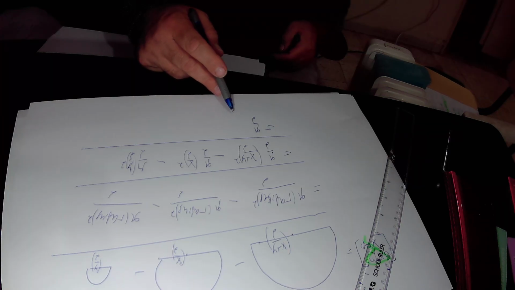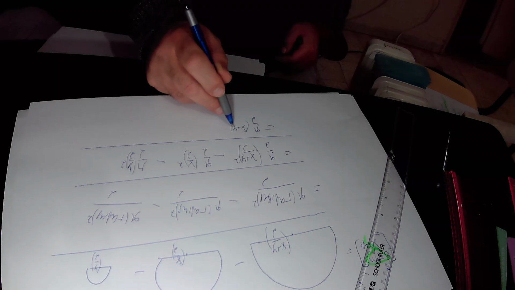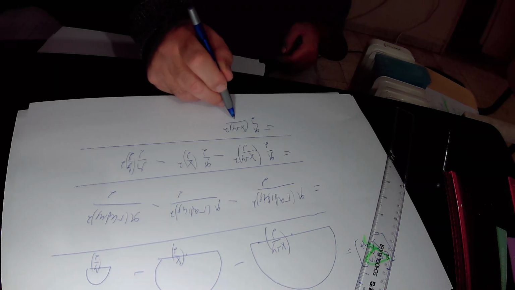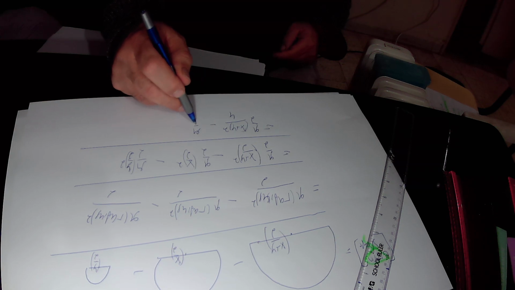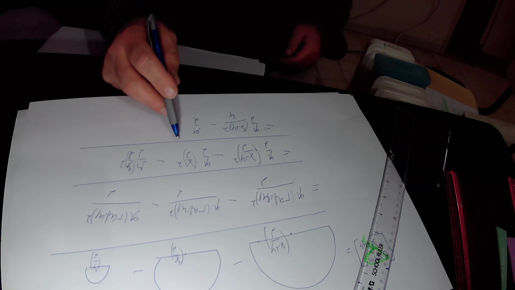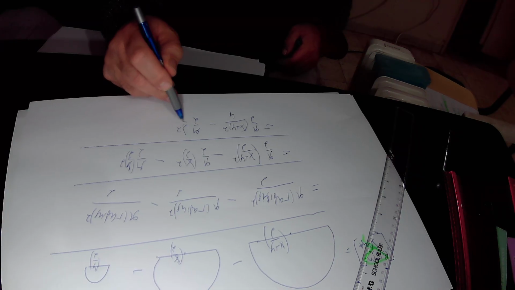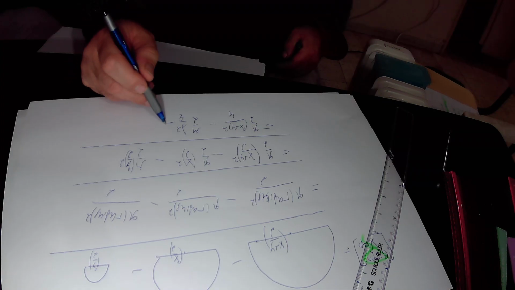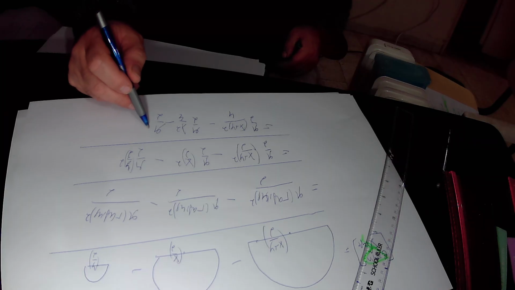X plus y over 2 squared equals x plus y squared over 2 squared, that is 4. Minus pi over 2 times x over 2 squared. X over 2 squared equals x squared over 4. Minus pi over 2 times y over 2 squared. Y over 2 squared equals y squared over 4.